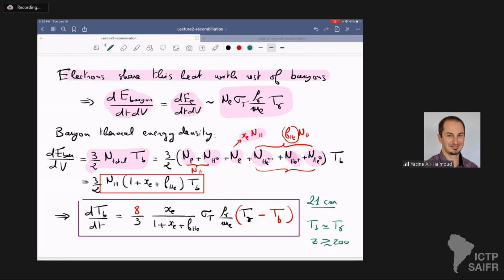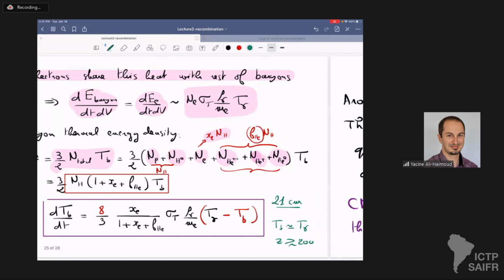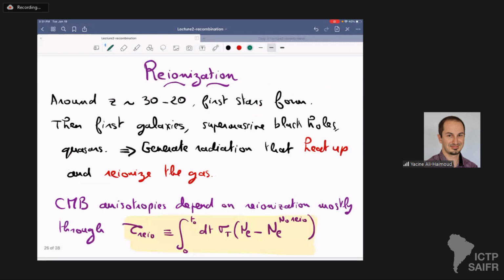And exactly when they decouple will then let us compute the temperature of baryons, hence the 21 centimeter temperature at much later redshifts. So I'll just take these last 3 minutes to mention reionization.